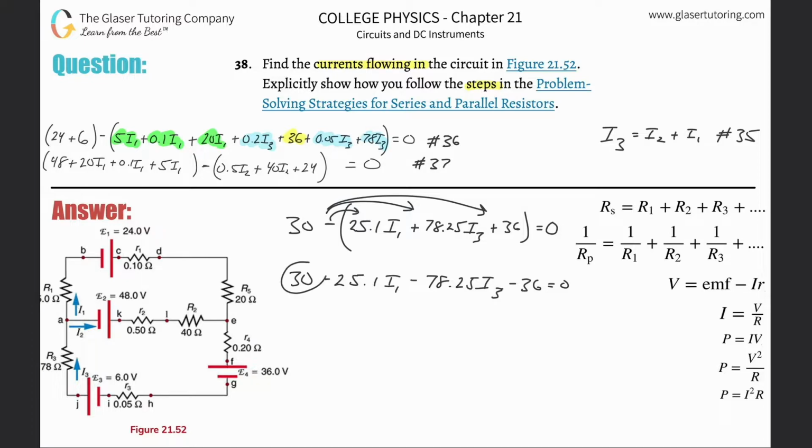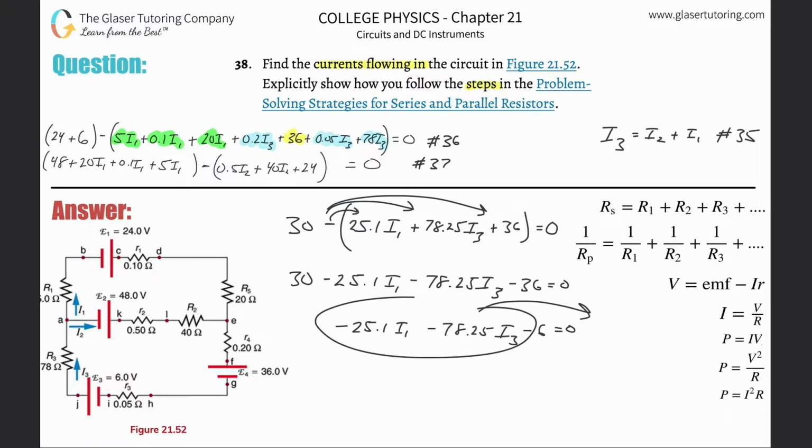You still have like terms here, so combine them, and we get a negative 6. So this is now negative 25.1 i1 minus 78.25 i3 minus 6 equals 0. Now, if every term has a negative, you can factor it out and divide out a negative 1 if you wanted, or simply move all of these things to the other side.